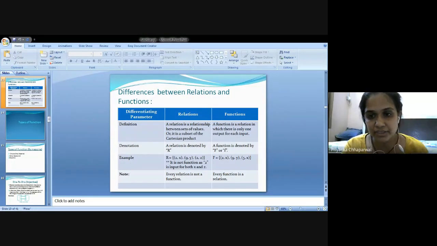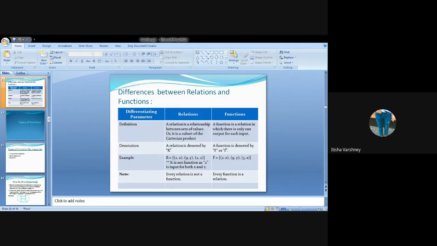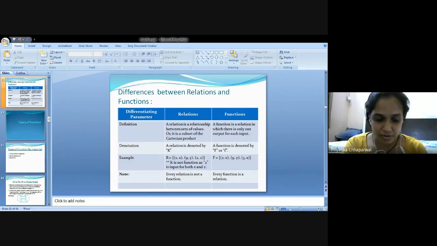How can we identify the function? Yes, ma'am. Yes, all of you three. You are only three students. So yes, it is clear. Okay, so don't have any doubt. So good. In next class we will understand what is the type of function. Okay, ma'am.